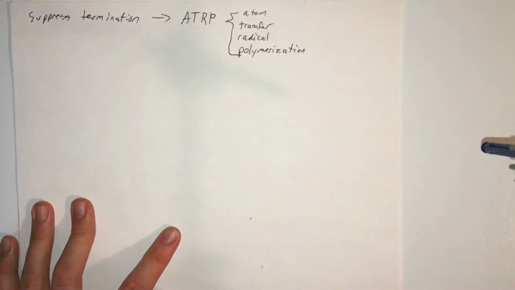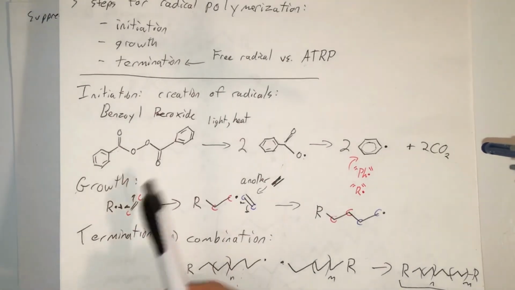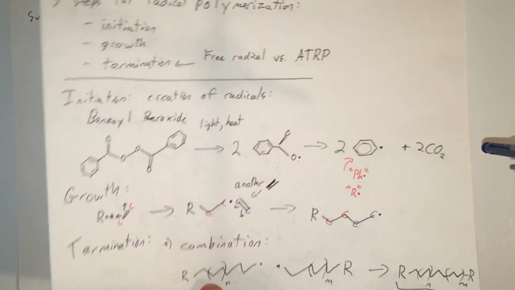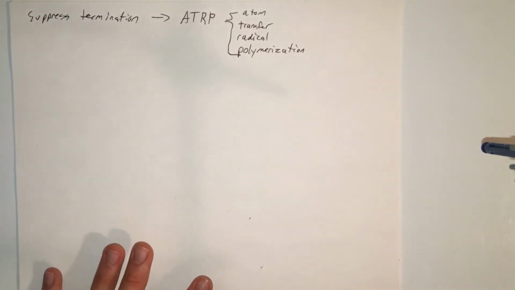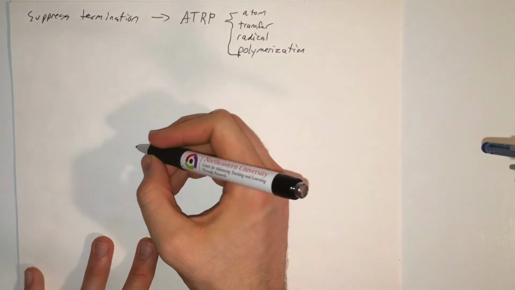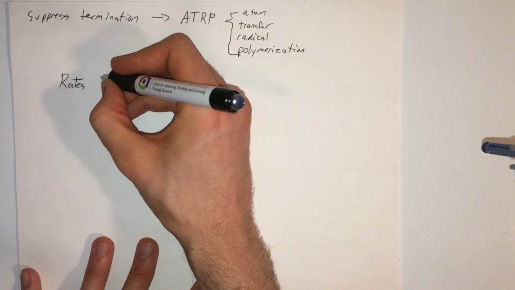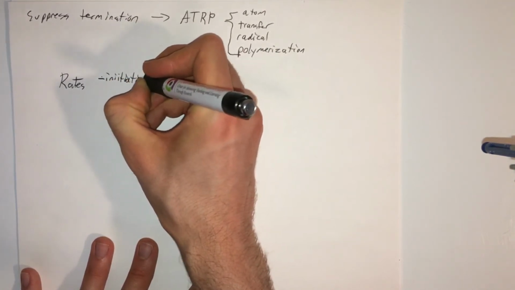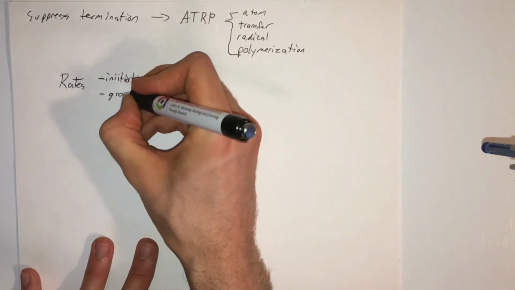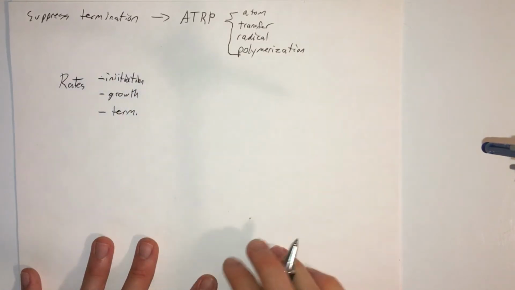So we talked about earlier the free radical polymerization as an initiation, a growth, and a termination. We kind of drew sketches. Now I'm going to talk about things in terms of rates: rates of initiation, growth, and termination.